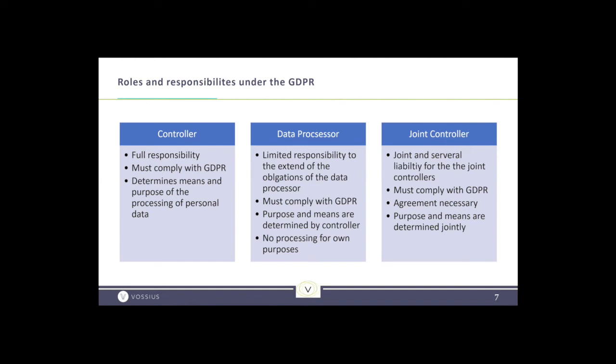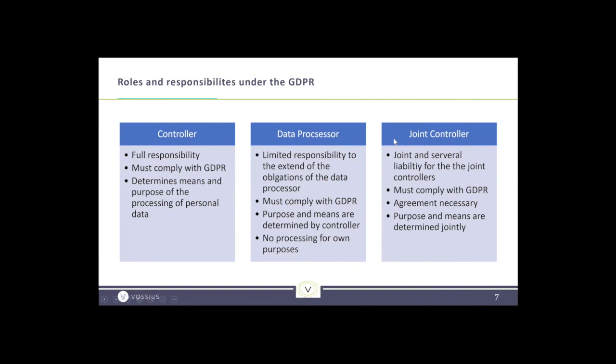When we do have processing for own purposes, we're talking rather about joint controllers, and the European Court of Justice has set the tone for the joint controllers. Even if you have different purposes in mind, and not everyone is able to dictate the means of the processing, they can still be seen as joint controllers. And if you have a joint controller just as well as a data processor, you need to have a written agreement.